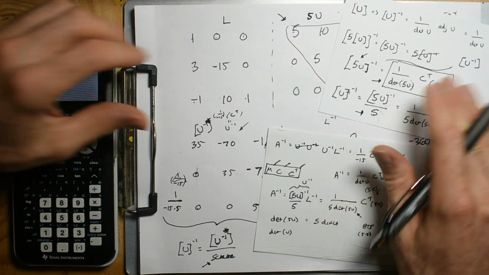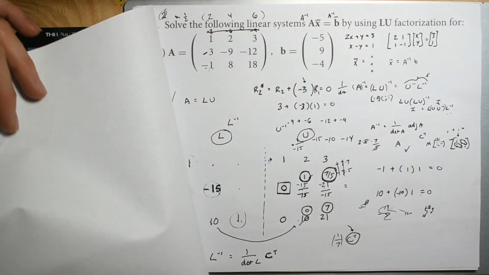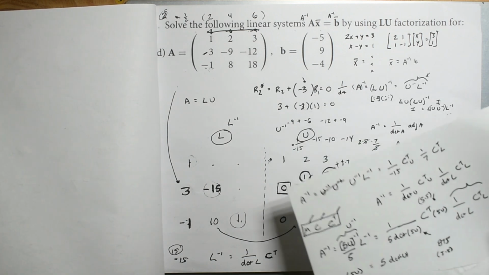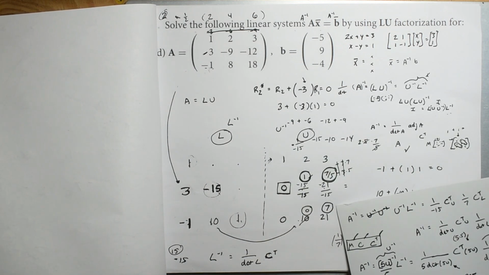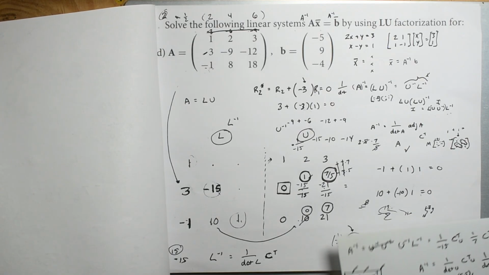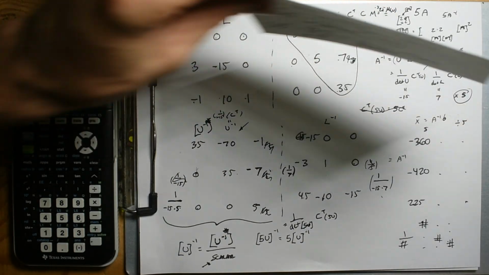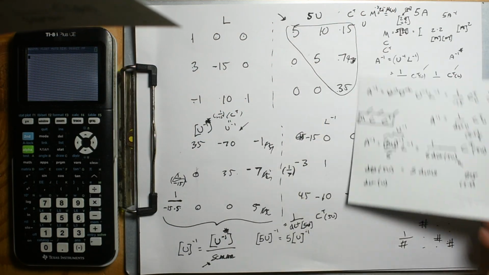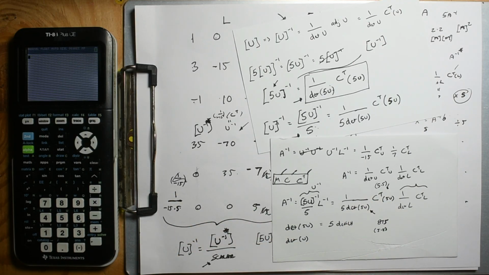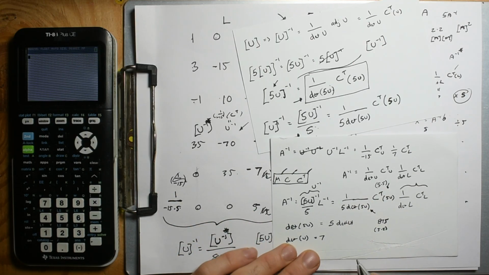The determinant of U is only 7. Am I doing the wrong one? Yeah, the determinant of U is 7, and then I multiplied it by 5. So the determinant of U is 7.